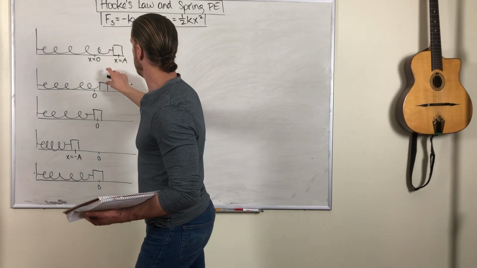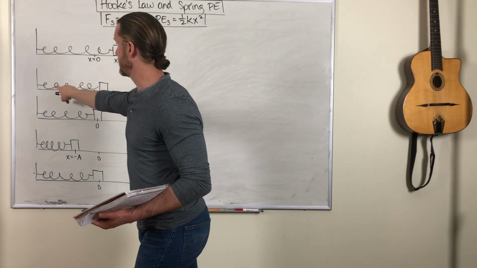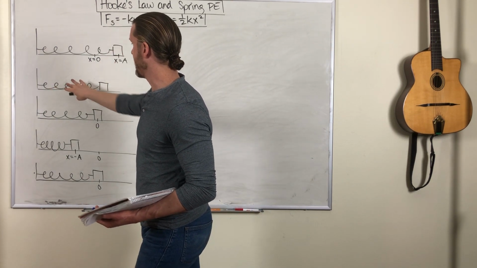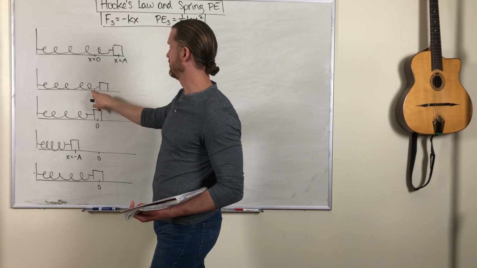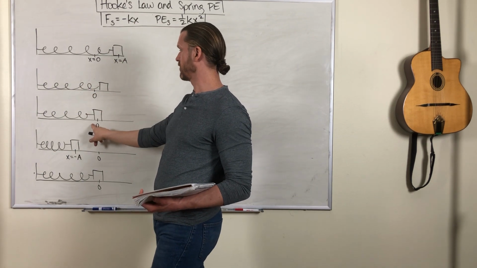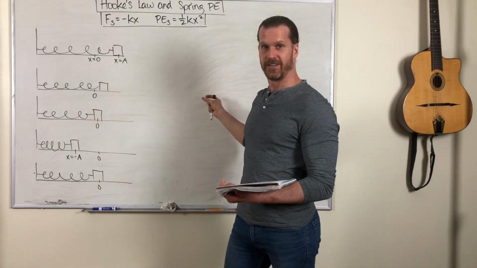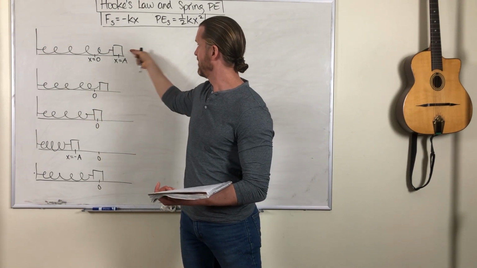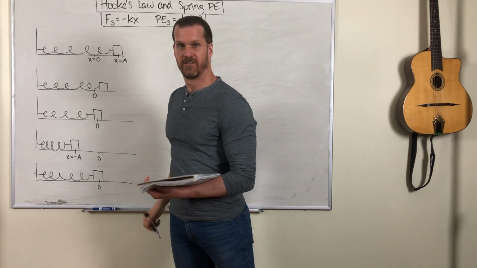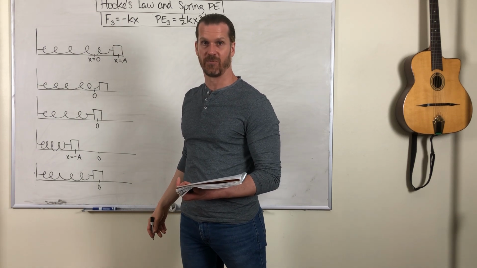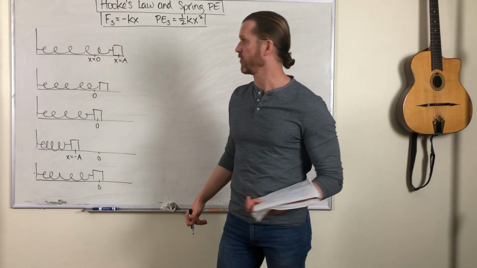So if this spring has a natural relaxed length, giving you an equilibrium position right here, and we pull it to the right, that means there's a force pulling in the opposite direction from the spring. There's a force directed to the left.